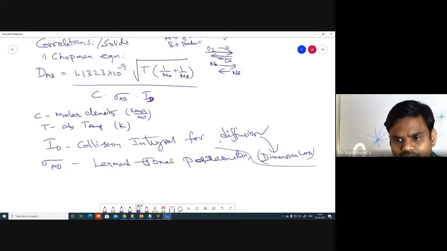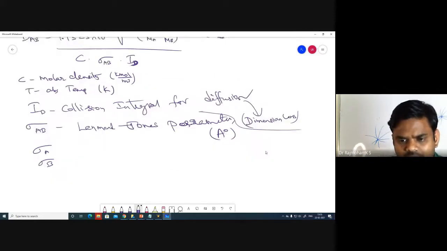ID is the collision integral for diffusion, which is dimensionless. We have sigma AB, the Leonard Jones parameter, which is a function of sigma A and sigma B. They are in angstroms.